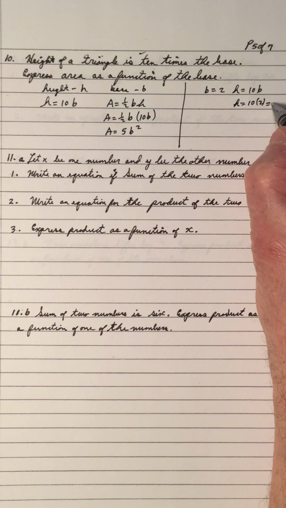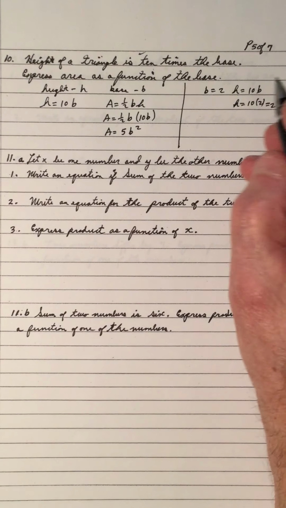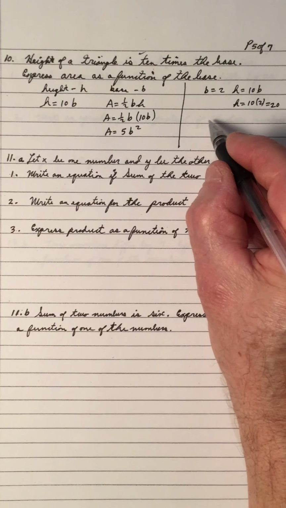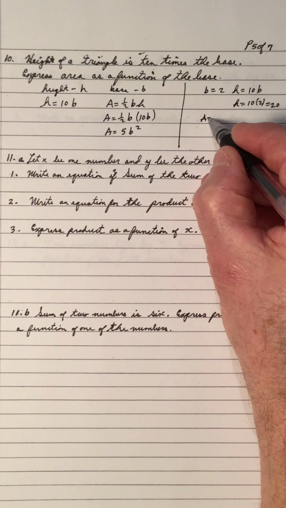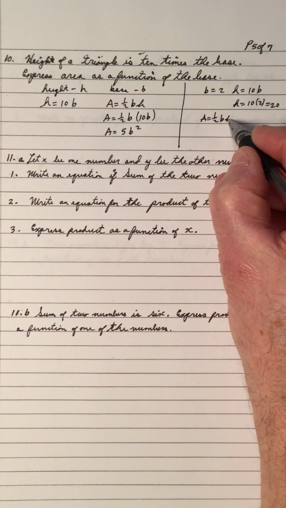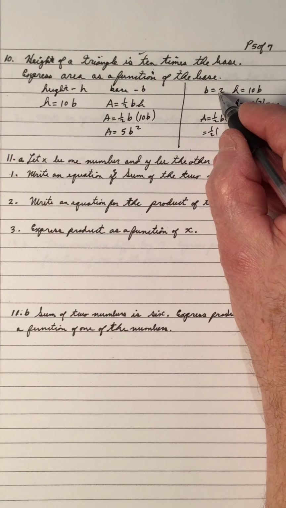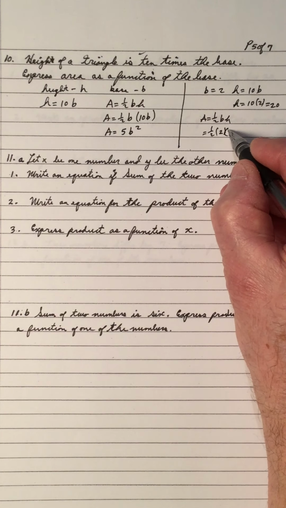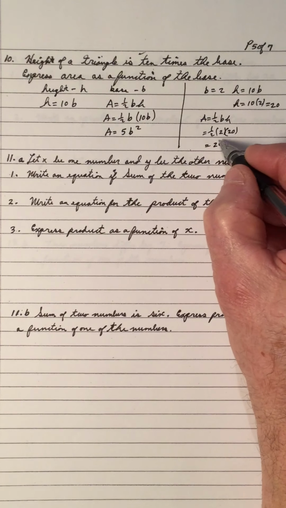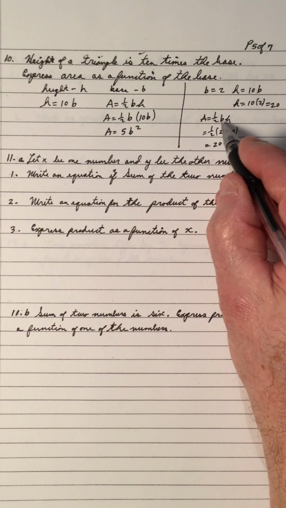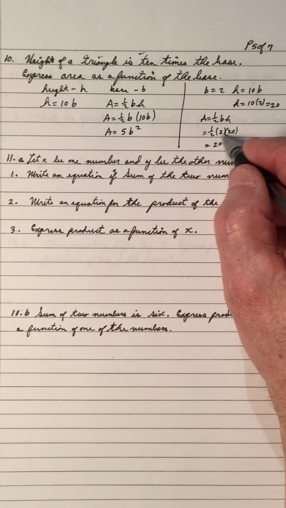So the height is going to be 20. If I work out the area, it's half the base times the height. Half the base is 1, the height is 20, so we get 20 square units.